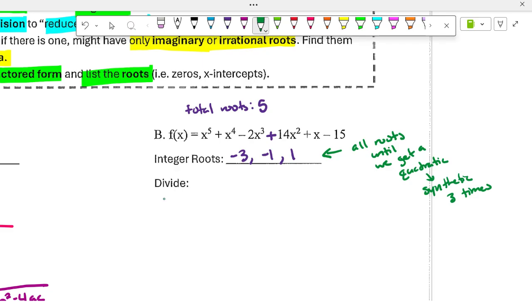So I'm just going to go down the line. I'm going to start with -3. What goes across the top if I'm using -3 as my root? So it's 1, 1, then -2, +14, 1, and -15.